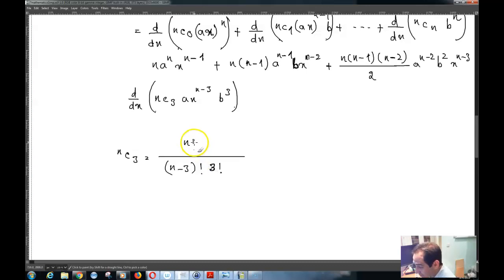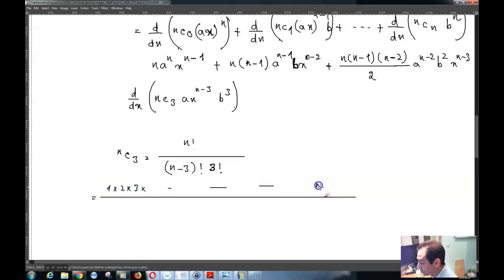Then you can write this as 1 into 2 into 3 all the way up to n, over 1 into 2 into 3 all the way up to n minus 3, and then you have n minus 1, n minus 2, and n minus 3 over here, and you have 3 factorial, or basically 1 times 2 times 3.